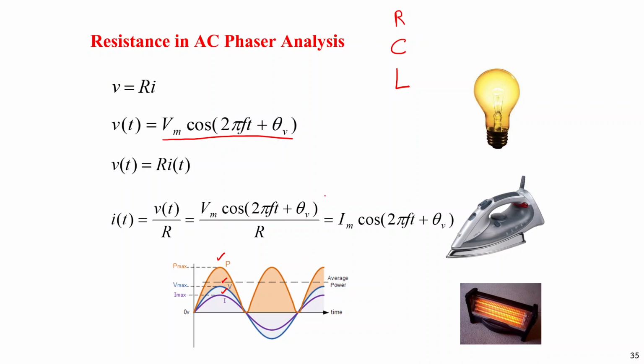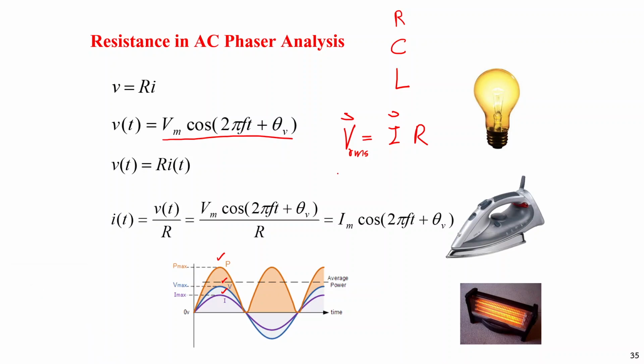So in this case, we can calculate the current and the voltage in the same relation as Ohm's law, right? V equals I times resistance, in RMS, in phasor form.